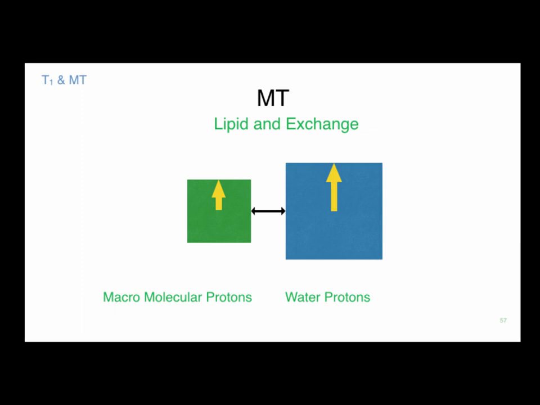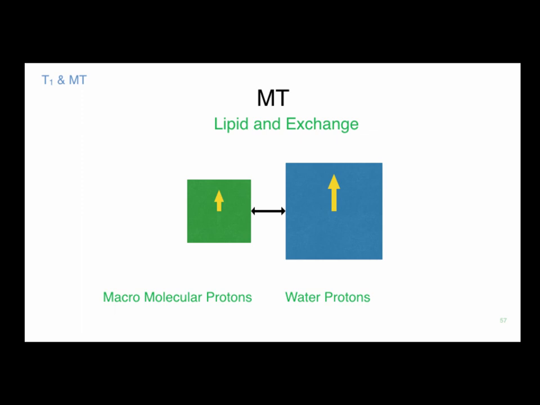So we show here, suppose you start with an equilibrium magnetization where both pools are completely relaxed, and with some trick you saturate the macromolecular pool. What can happen then is that because those spins interact with each other, that saturation also starts to influence the magnetization level in the water.